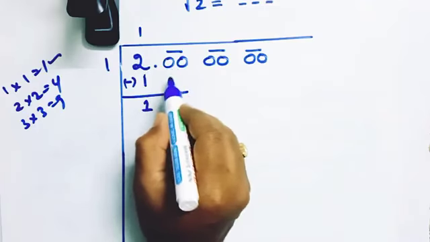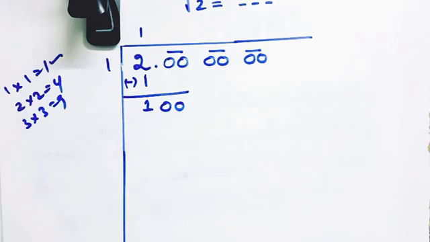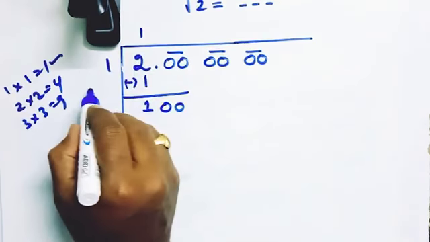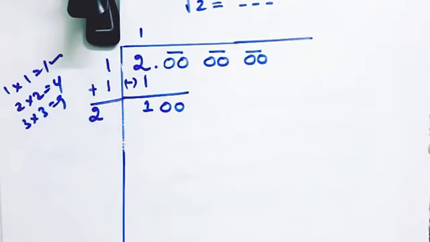After that you should take the pair down. For the next possible divisor, we need to double the quotient. Double the quotient means 1 is already there, so you should add, and you get 2.